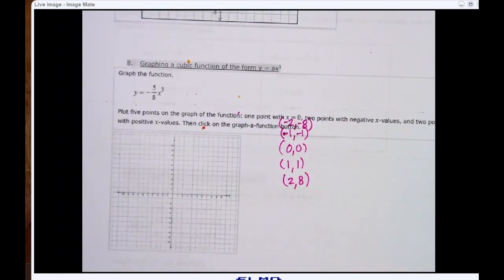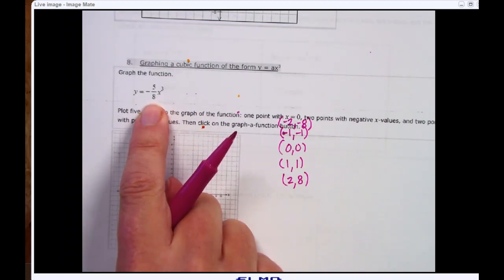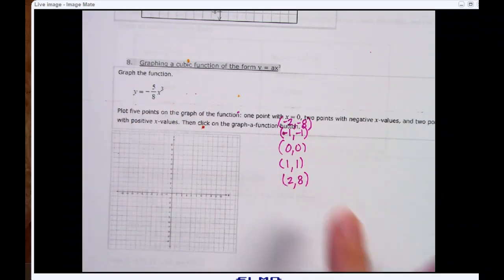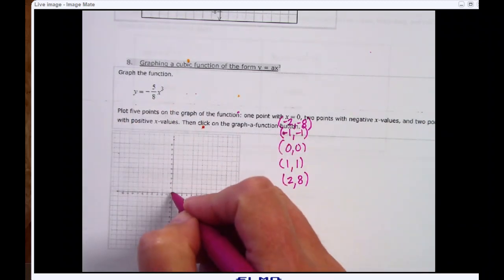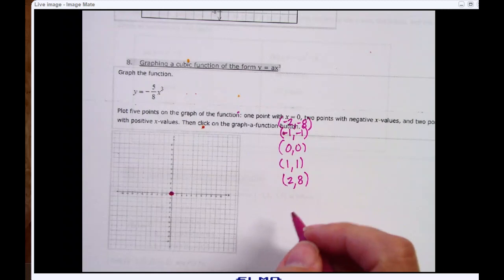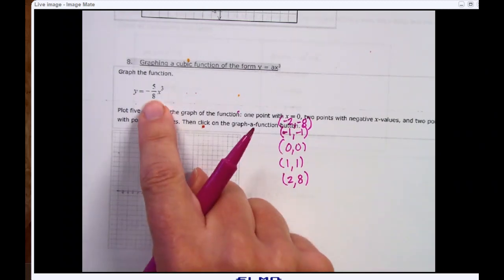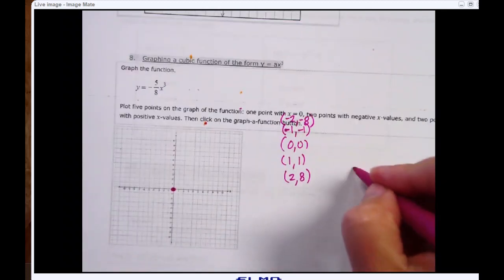Oh, Landy. So this -5/8 multiplies what? Your y direction, right? Okay. So the 0, 0 is easy. Oh, gosh. That's so rude. So let's talk about this. This is what our parent function looked like.